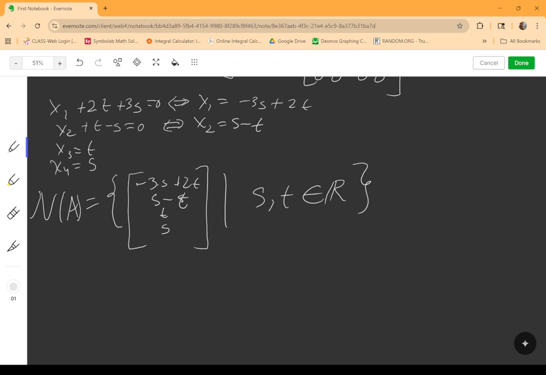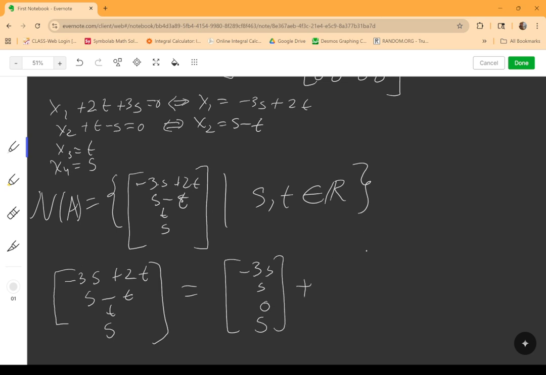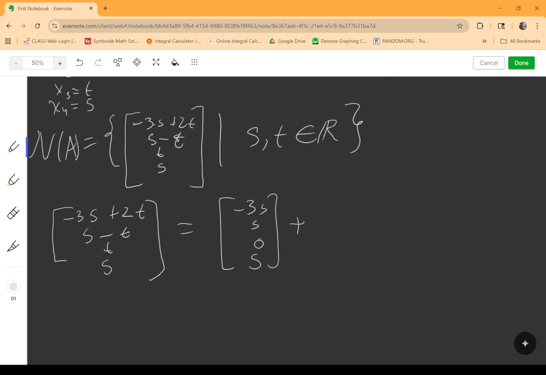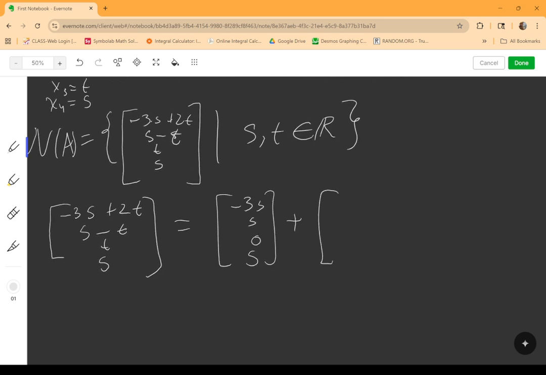Now, let's focus here on that vector of the solutions here. If I focus here on this, I can rewrite this as -3s, s, 0, s, and then plus 2t, -t, t, 0.